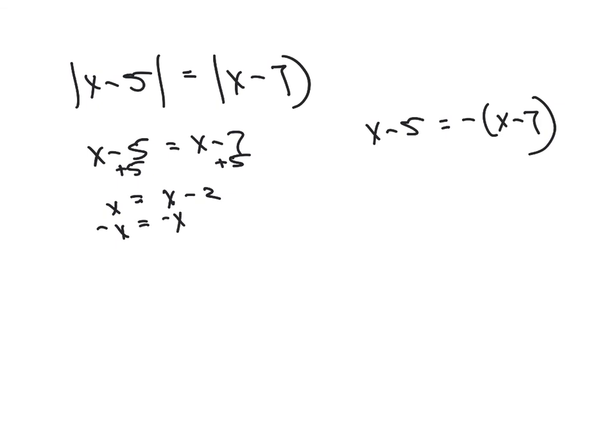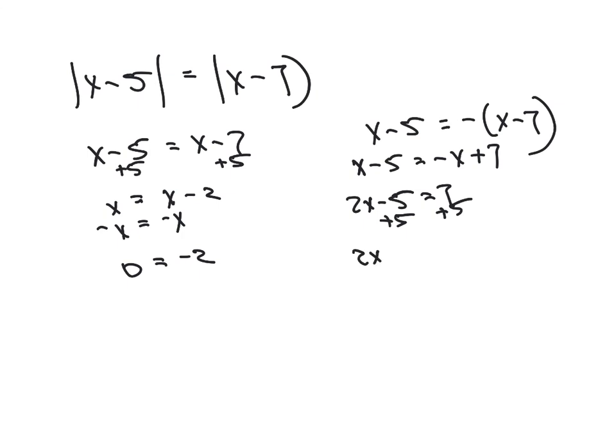X minus x is 0 equals negative 2. That is not a correct statement. That does not happen. And if we do this one over here, x equals 6.